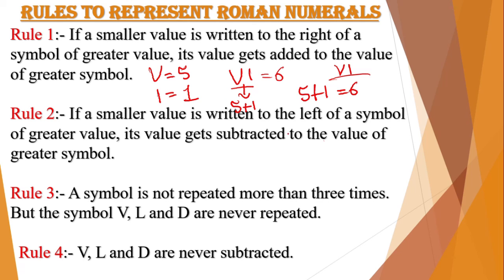Now the smaller value here is written to the left. So if it's written to the right, its value gets added. Then if it's written to the left, its value gets subtracted. So in left, the value gets subtracted. And when we write the smaller value on the right, its value gets added.